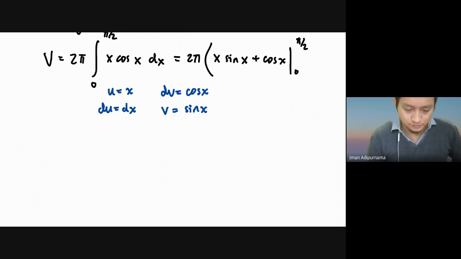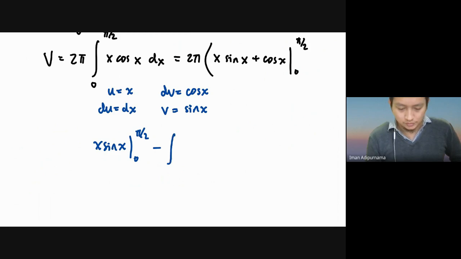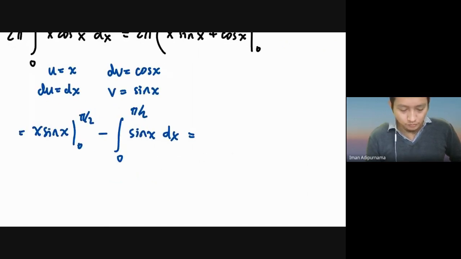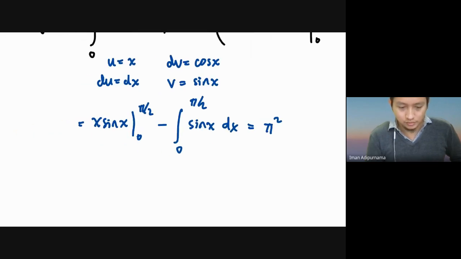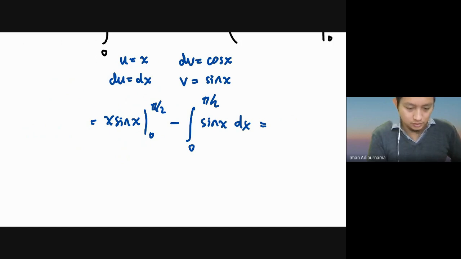Okay. The x on x. This is from 0 to pi over 2, minus v from 0. This will be pi squared, right? Sorry.